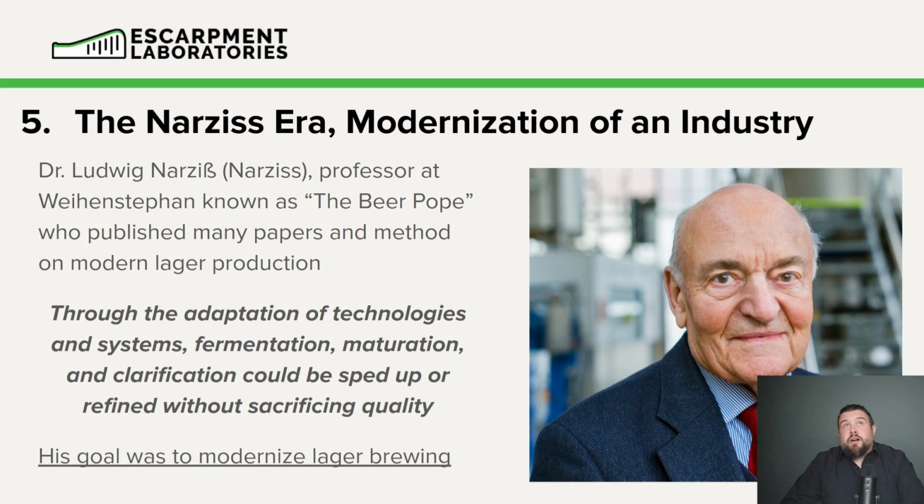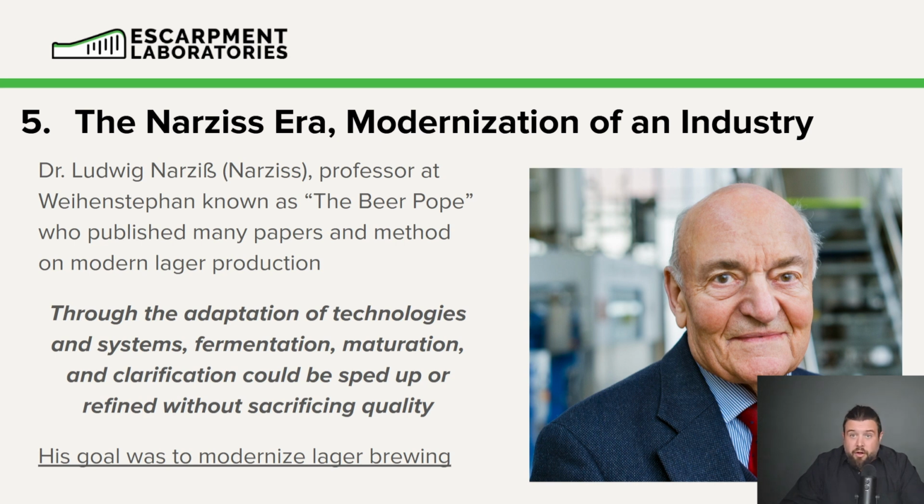Now, Dr. Ludwig Narziss was a professor at the Weihenstephan Institute, originally founded by Siddelmeier, and was known as the beer pope, a term he apparently rather enjoyed, who published many papers and methods on modern lager production. Narziss's goal was that through the adaptation of technologies and systems, fermentation, maturation, and clarification could be sped up or refined without sacrificing quality.